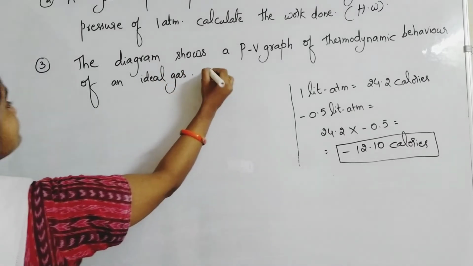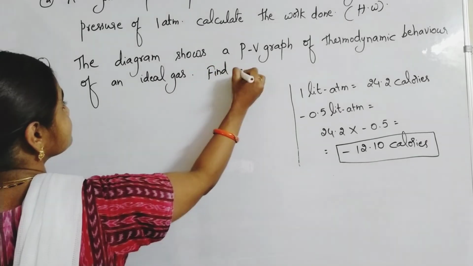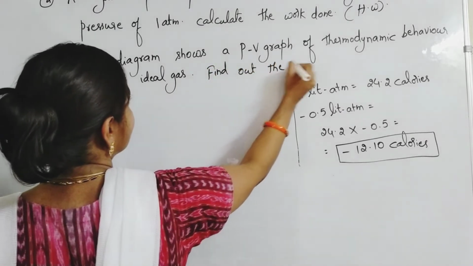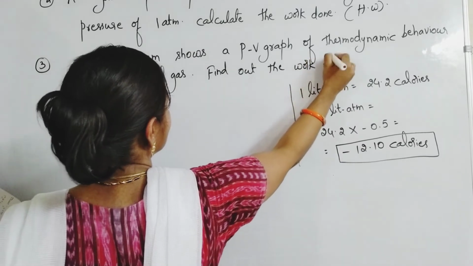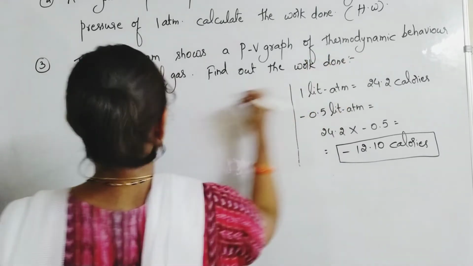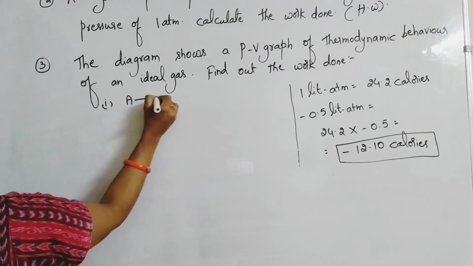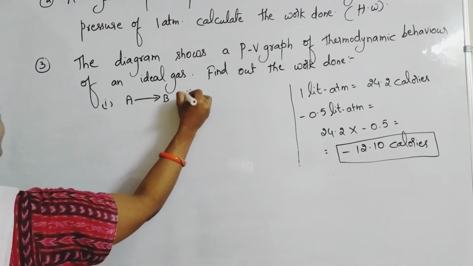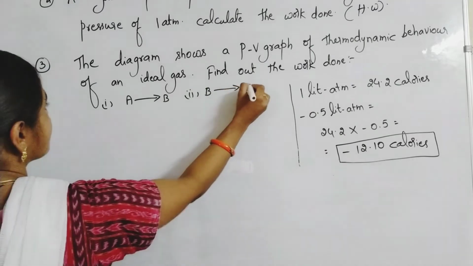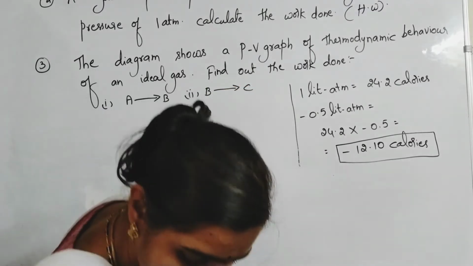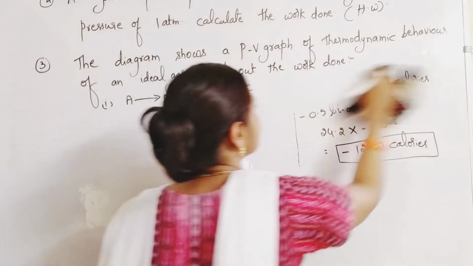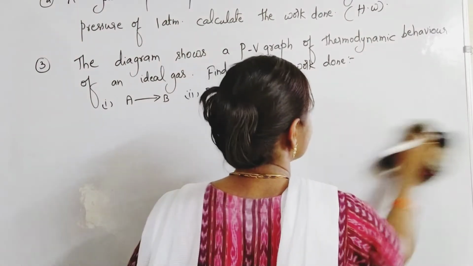Find out the work done in the process A to B, similarly B to C, C to D, D to A. It's a cyclic process.